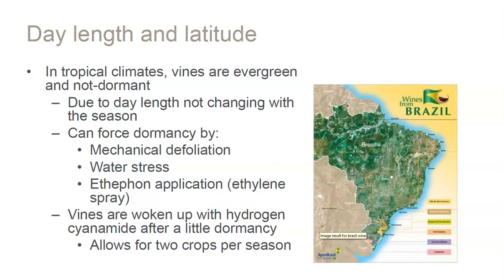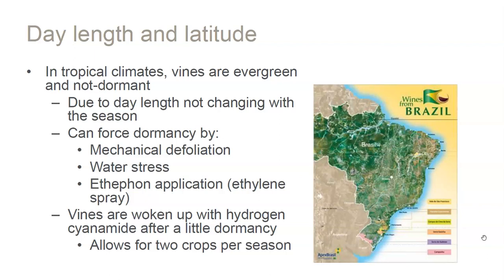But because of this kind of thing with the day length, if you're in an area like around the equator, then you have basically the same day length all throughout the year. You don't have much change in it. Because of that, and because it's pretty warm all the time, those vines don't go into dormancy. And you need to, right?